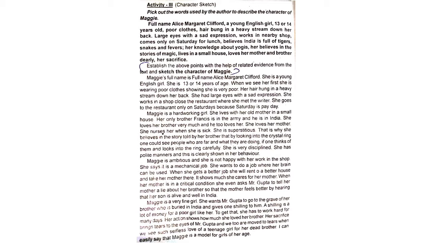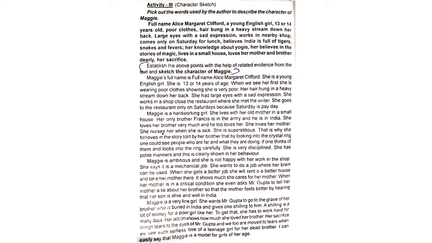Maggie is a very fine girl. She wants Mr. Gupta to go to the grave of her brother who is buried in India and gives one shilling to him. A shilling is a lot of money for a poor girl like her. To get that, she has to work hard for many days. Her action shows how much she loved her brother.